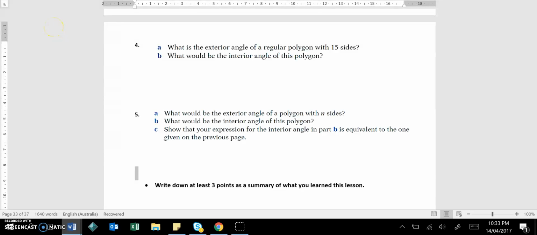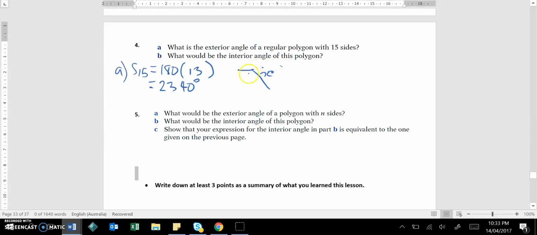Fantastic. So this next bit here, the question's saying, what's the exterior angle of a regular polygon with 15 sides? So step 1, find the angle sum. So you're going to go 180 lots of 13, which is 2,340. If I want to get the outside one, so picture it like this, okay? If I want to get this outside one here, I need to work out the inside one. So each inside one is 2,340 divided by 15, and that's going to be equal to 156.